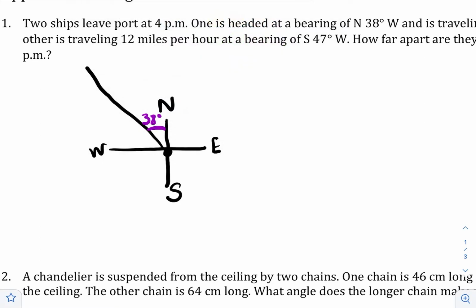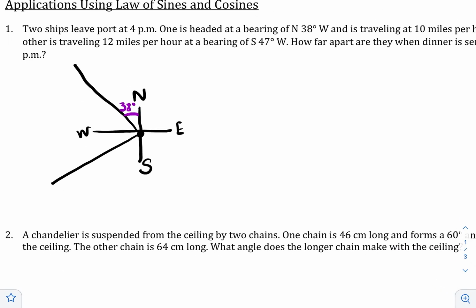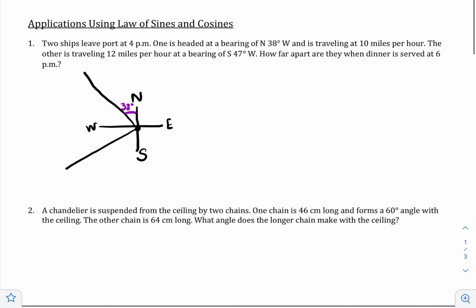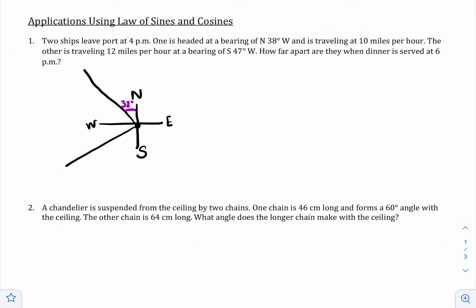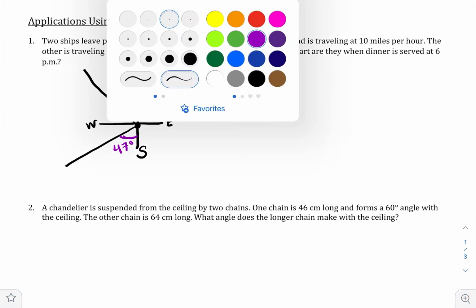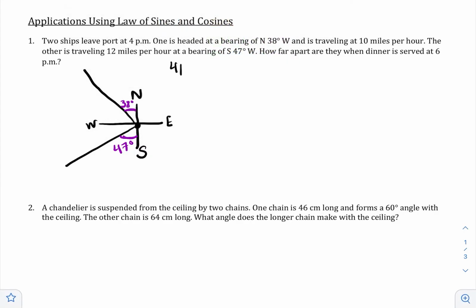The other is going southwest, so it's going somewhere here. And he's going a little faster, because the first one is going at 10 miles an hour and he's going at 12. So my bearing here goes to the south line at 47 degrees. They leave port at 4 p.m. and we want to know how far apart they are at 6 p.m., so 2 hours have passed.